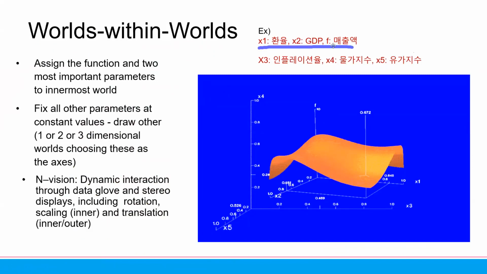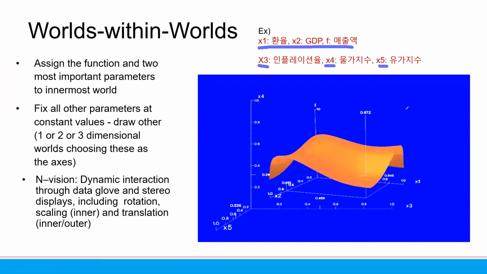And I would like to see if we have the sales. And then we have X3, another variable, the inflation. And then the price index, and so on. So we can also put other variables into one graph like this one.